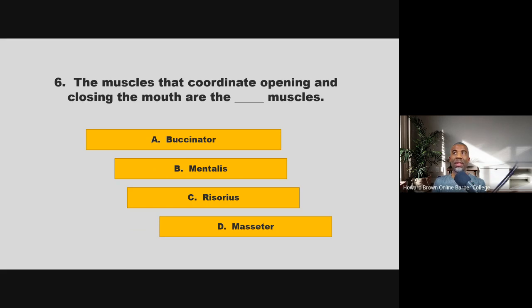The muscles that coordinate opening and closing the mouth are the blank muscles. Is it buccinator, mentalis, risorius, or masseter? If you chose D, masseter, you are correct.